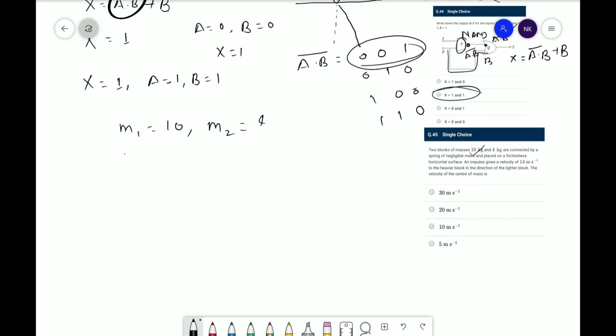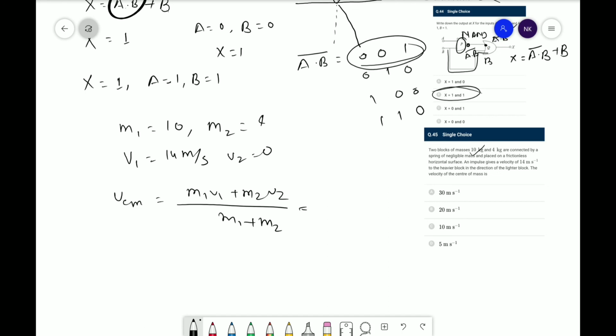On the heavier block means v1 is equal to 14 meter per second. The velocity of the center of mass is, so here you can say that v2 is 0, hence vcm will be equal to m1 v1 plus m2 v2 divided by m1 plus m2.